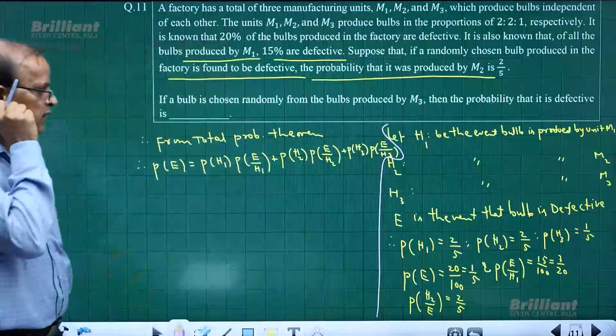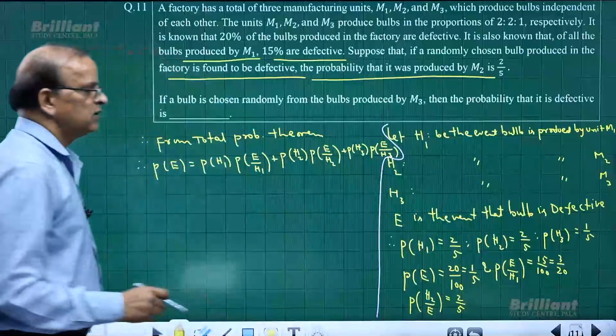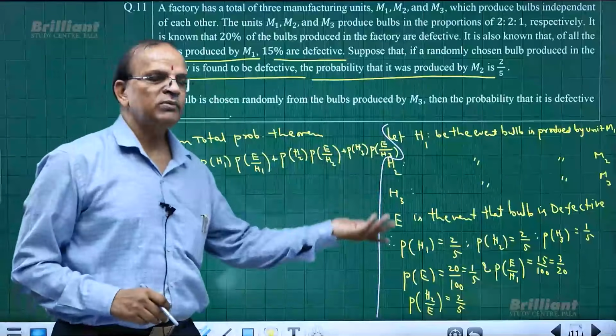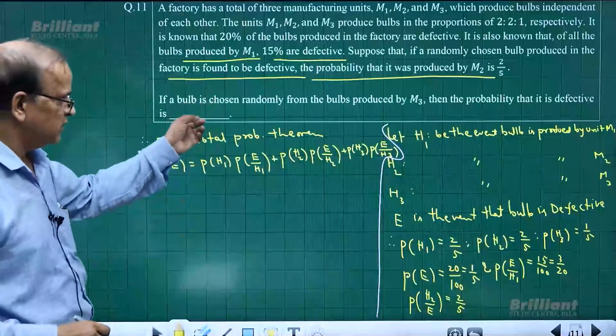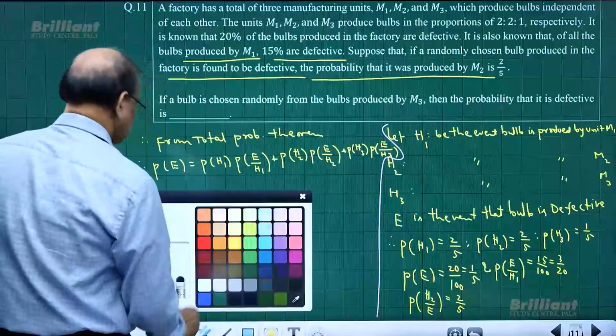Now substitute in this. We don't know E by H2 and E by H3, but he is asking E by H3.